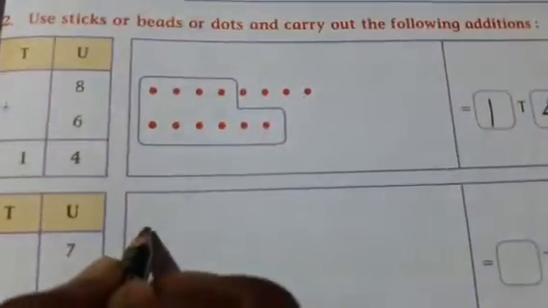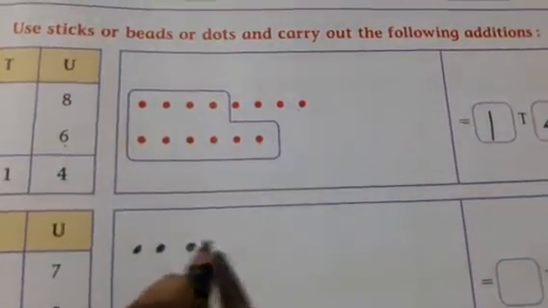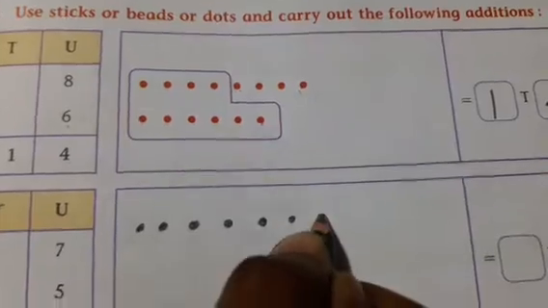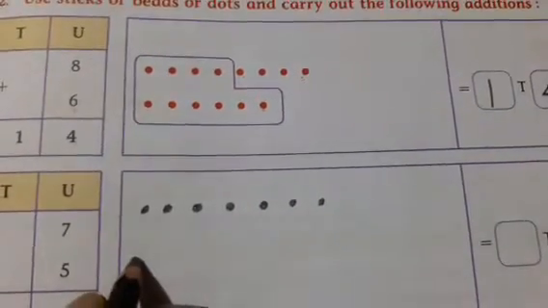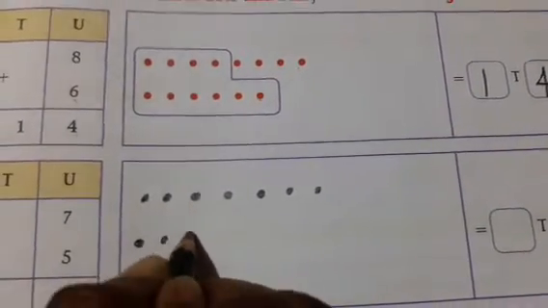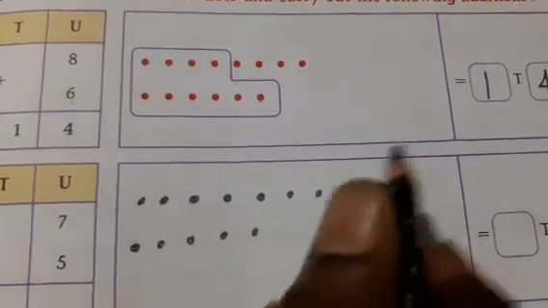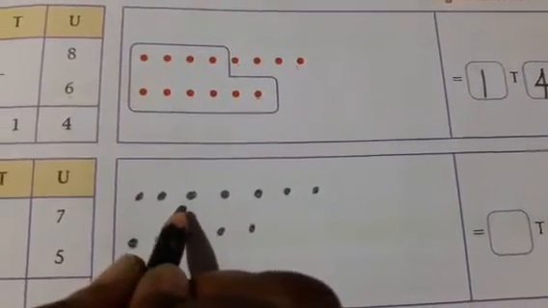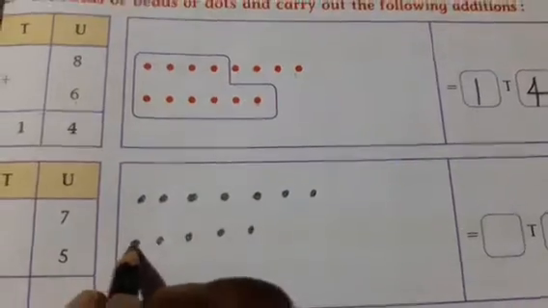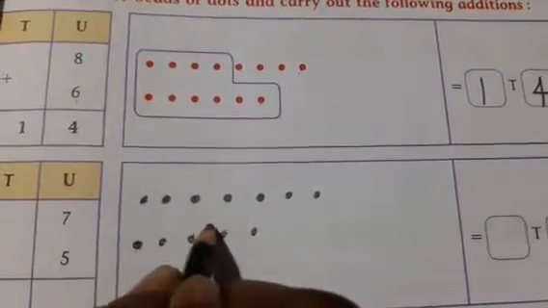Now next, 7 plus 5. So draw 7 dots. 1, 2, 3, 4, 5, 6, 7. And 1, 2, 3, 4, 5. Now after 7, 8, 9, 10.